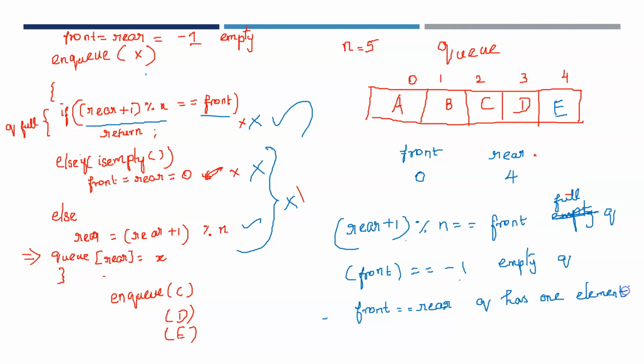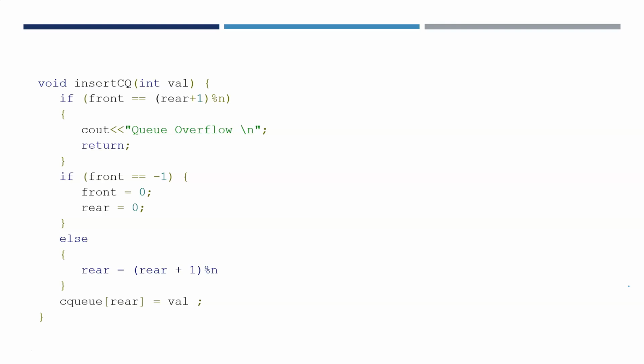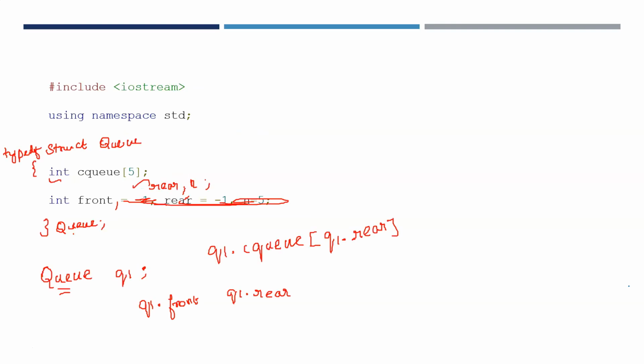So with this understanding, we should move towards the code and try changing that into the format as we need. As we have discussed earlier, this is the usual construct for implementing a CQ. But if you want to convert it into a generalized procedure, we have to put a typedef struct queue, and I'm giving a typedef name as queue.